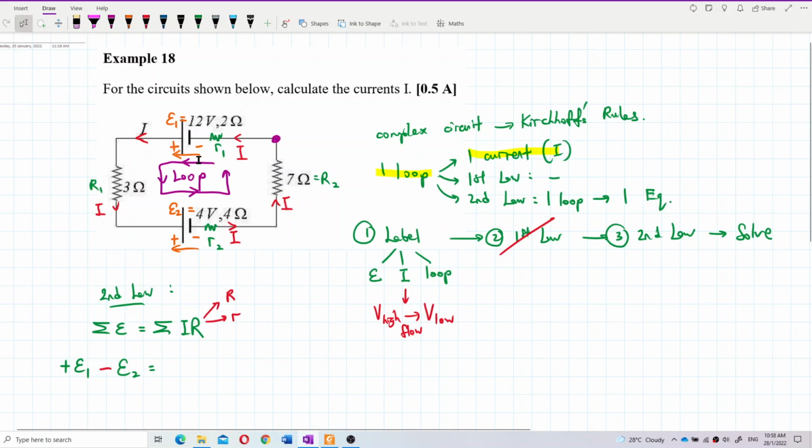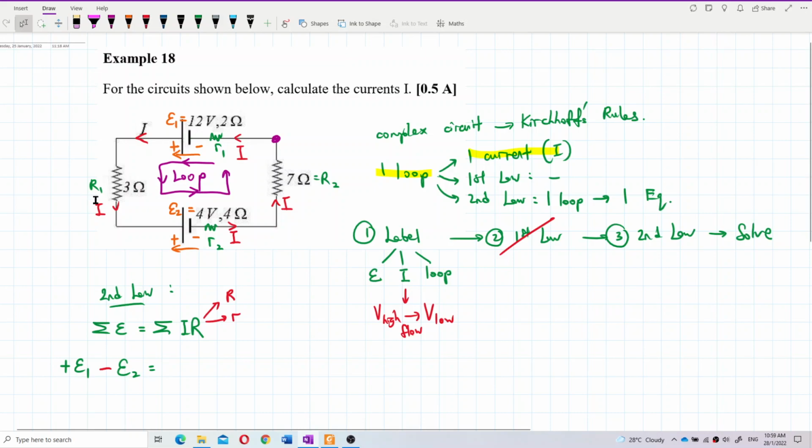Okay, now look at this R1 first. This external resistor R1: the direction for resistor 1 depends on the current. That's why we need to label the current near the resistor. Then only can we compare the direction of the current with the loop.